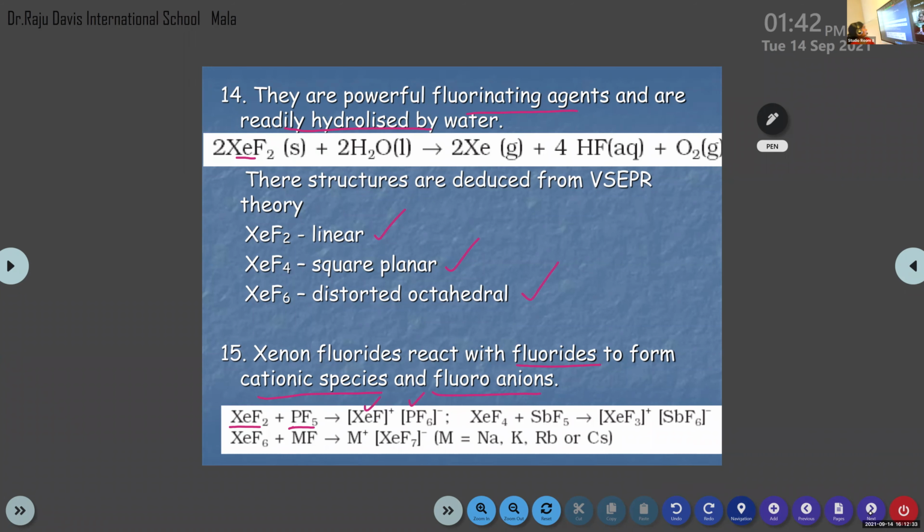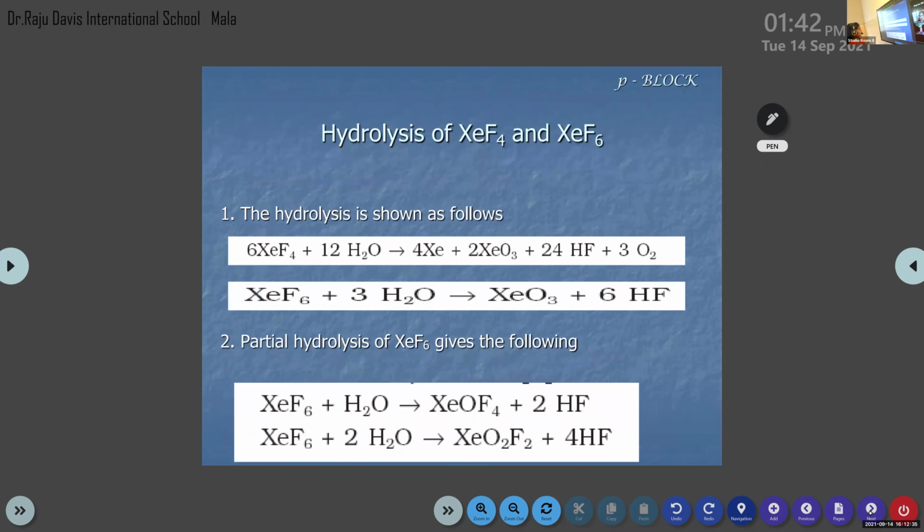Okay. Then the last one, that's hydrolysis of XeF4 and XeF6. Here, xenon oxygen compounds will be obtained as the product.